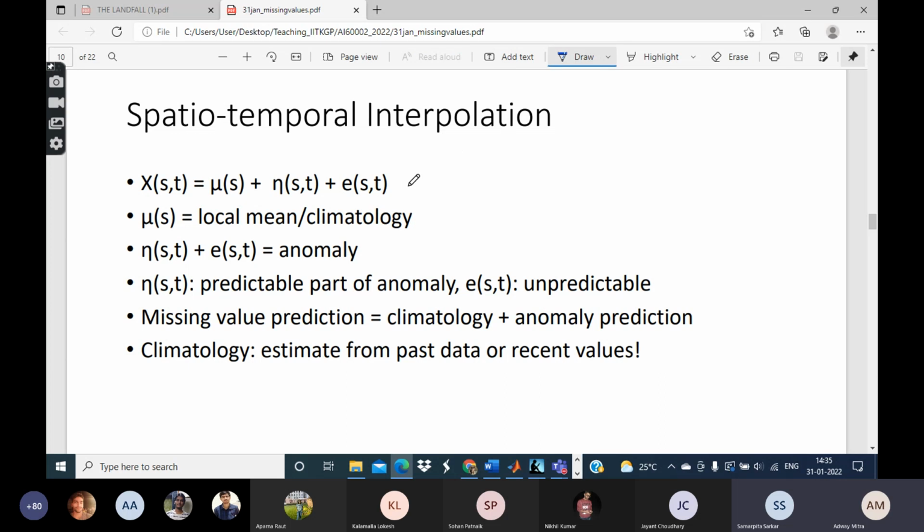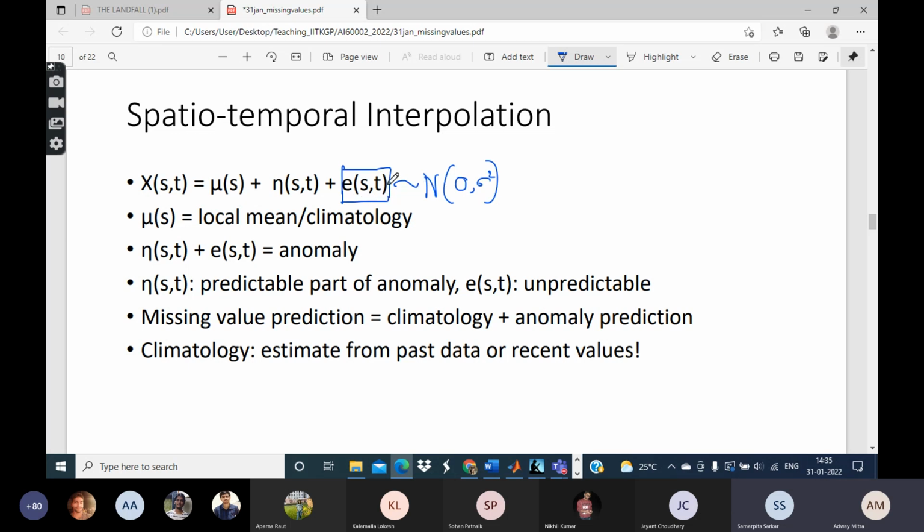That is, epsilon of S T basically follows a Gaussian distribution, which is independent at all the locations as well as at all the time points. So this is an entirely unpredictable thing. Why do I say unpredictable?